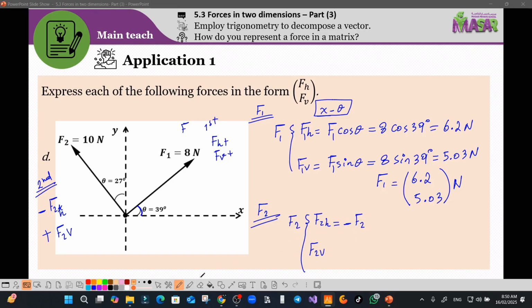Now is this x type or y type? As we can see here, the measured angle is with respect to the y-axis, between the force and the y-axis. So this is y type, which means the cosine should be applied for the vertical component. So let's write here sine theta and here F2 cosine theta. Now minus F2 is given by 10 sine of the angle, 27 degrees. Here we have 10 cosine 27 degrees.